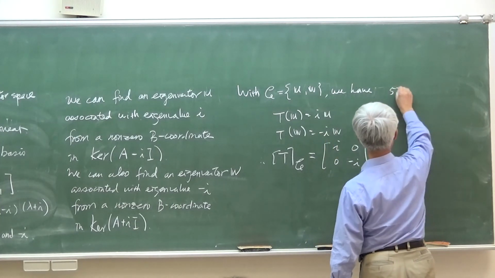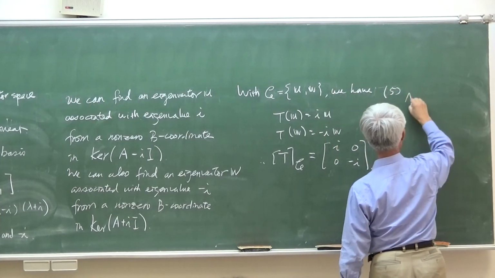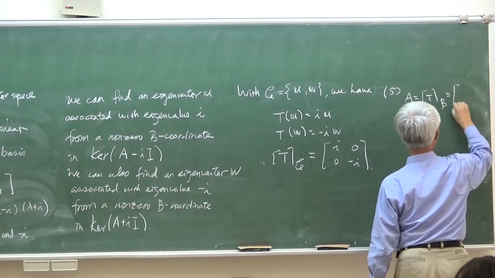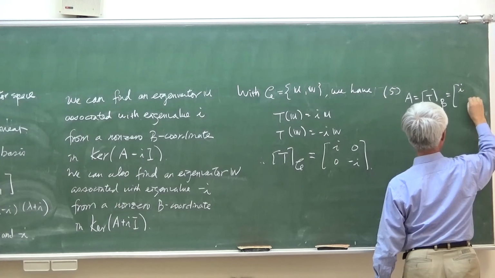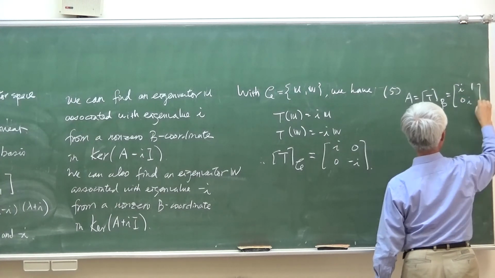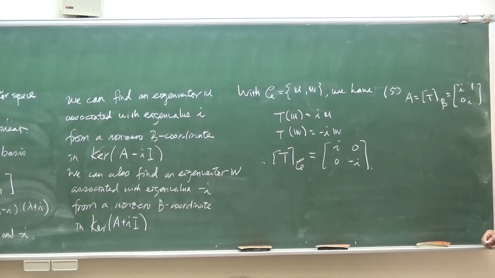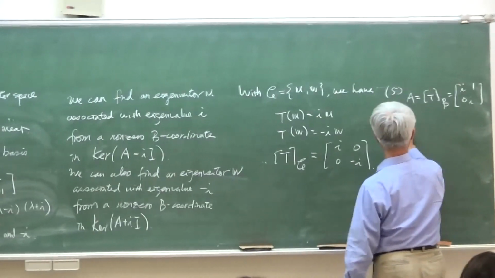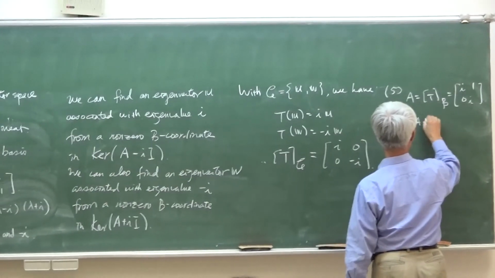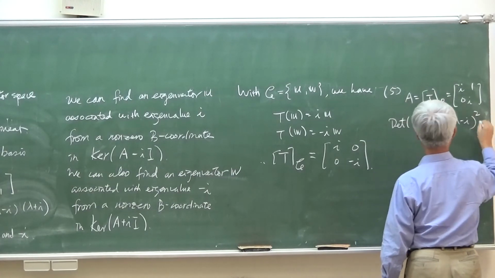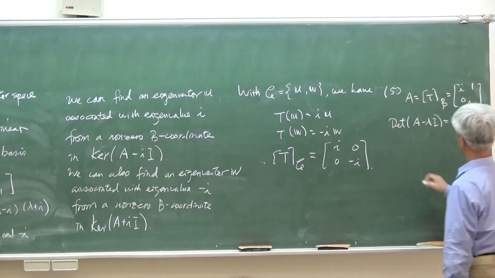And the fifth problem is A. Right. So now we have a complex matrix and its determinant.